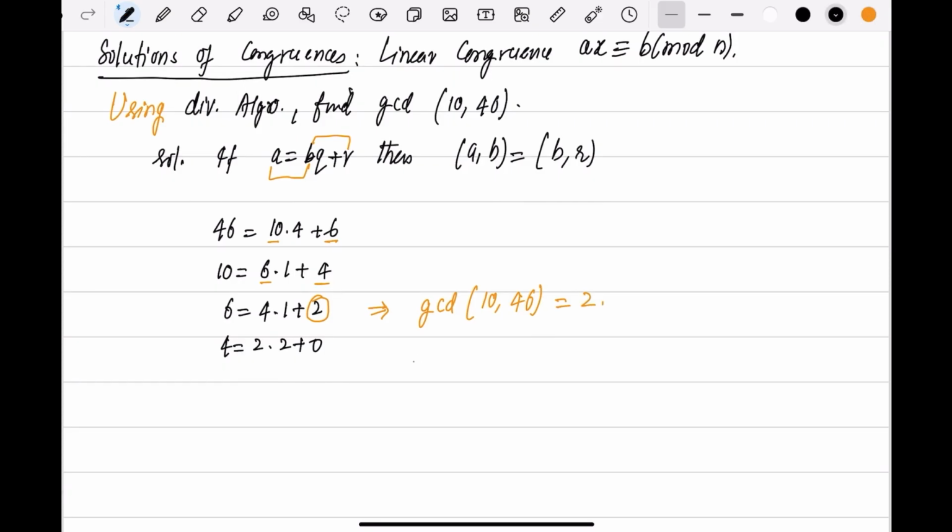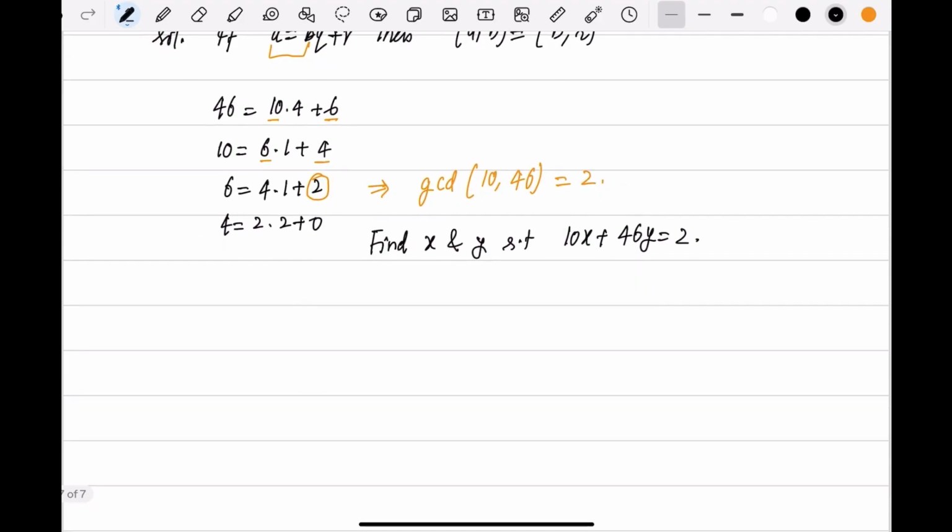Now we can also use Bezout's identity. Our next question is to find x and y such that 10x plus 46y is equal to 2. We can reverse from this step. We write 2 is equal to 6 minus 4 into 1.